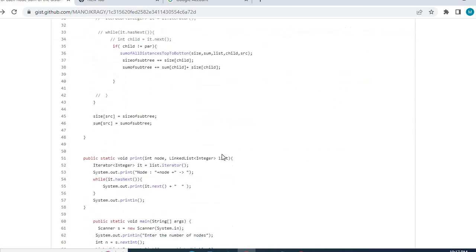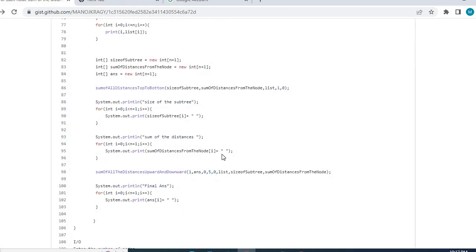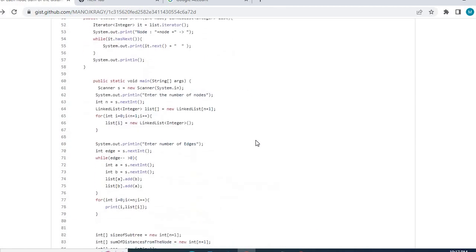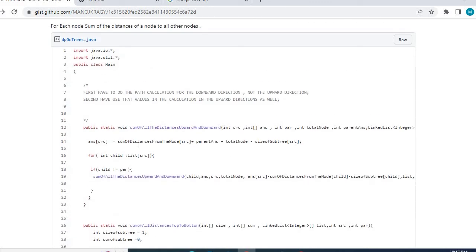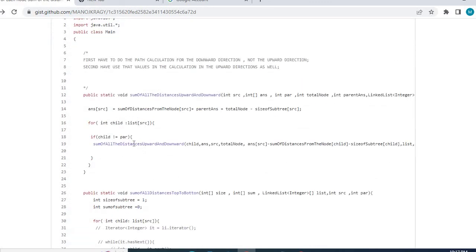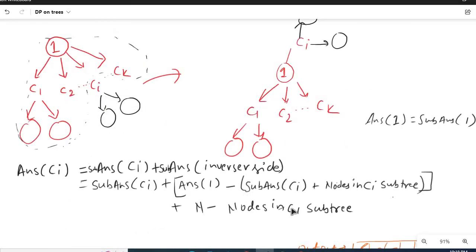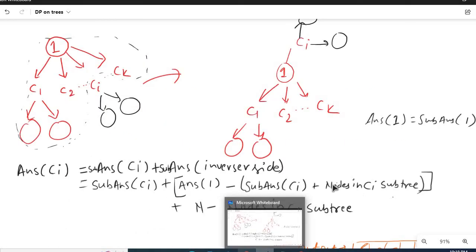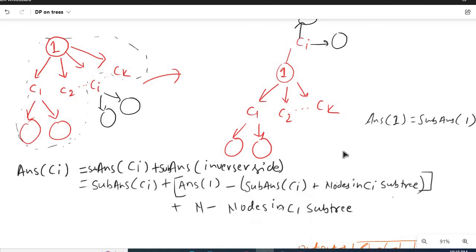As you can see, this node is being called from 1. So 1 is already calculated, and now we are using the answer of src in the calculation of its child node with the same logic that I told. This is the logic. So you can fit into both of these and then you can understand.